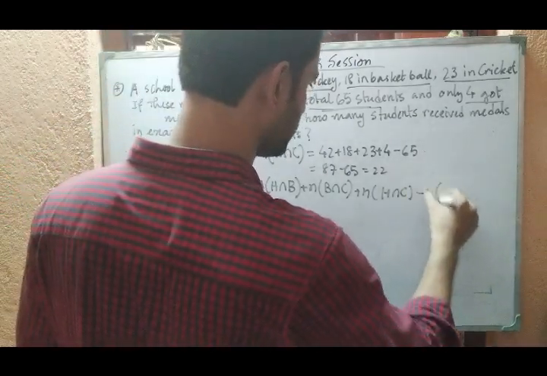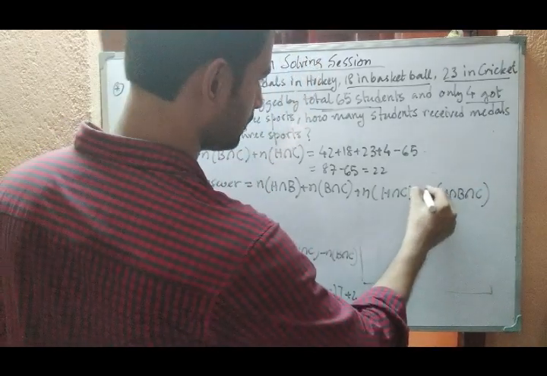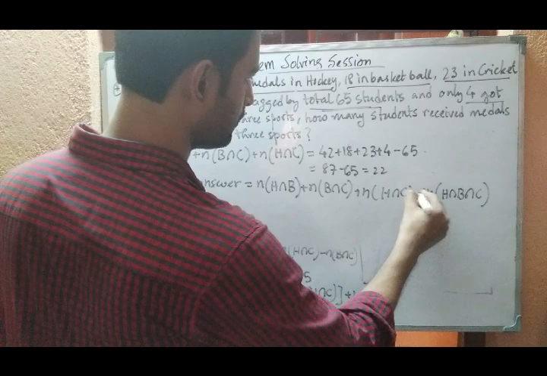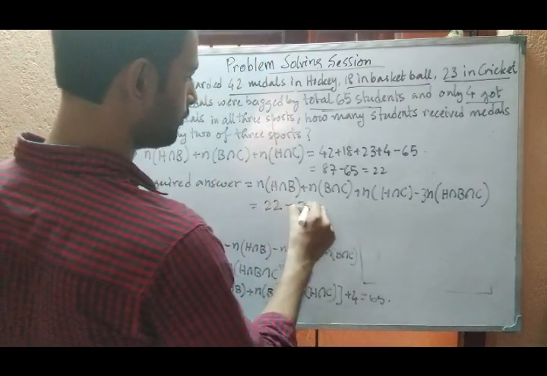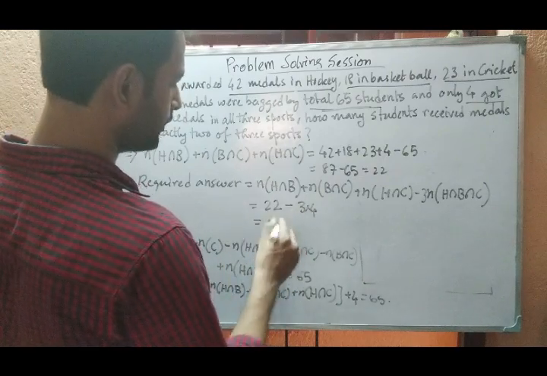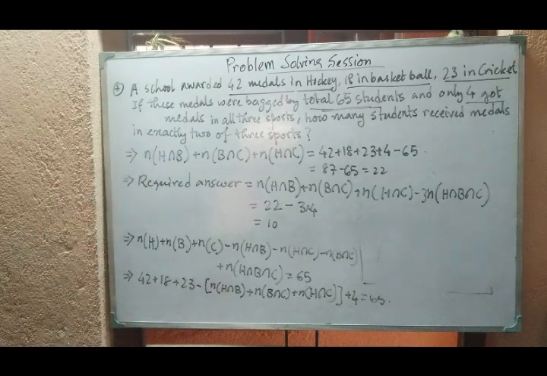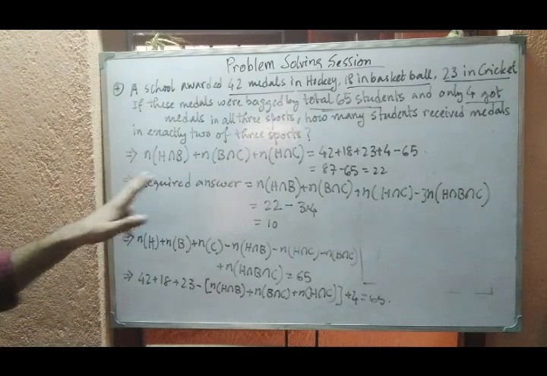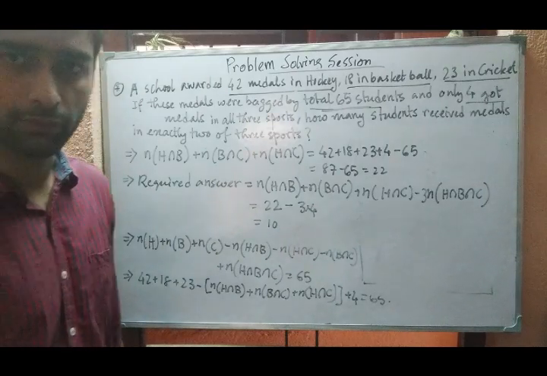So this is 22 minus 3 into 4. That means 22 minus 12, it is 10. So there will be 10 students who got medals in exactly 2 of the 3 sports. That's how we solve these problems.